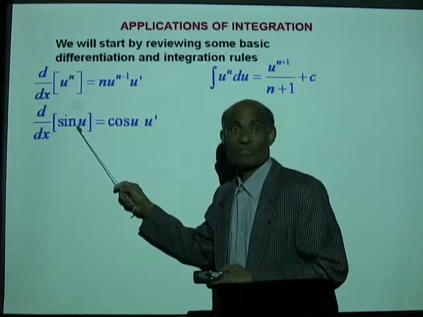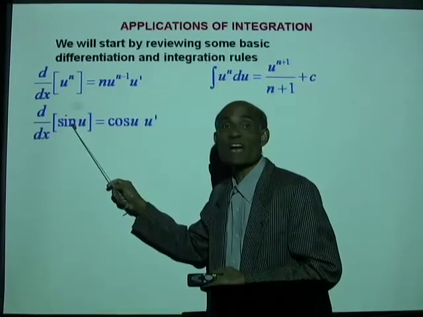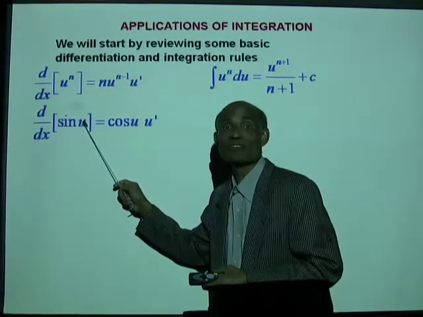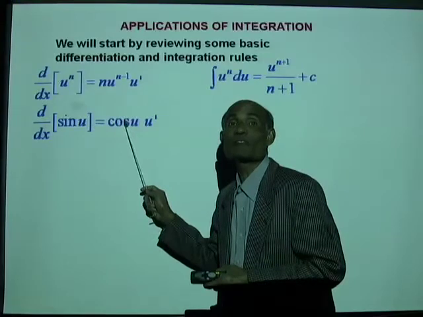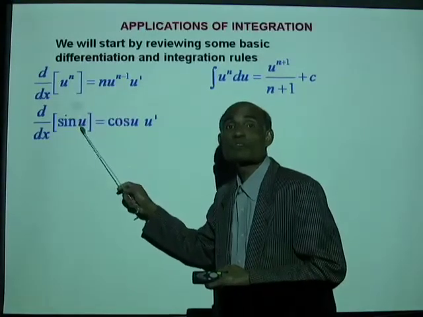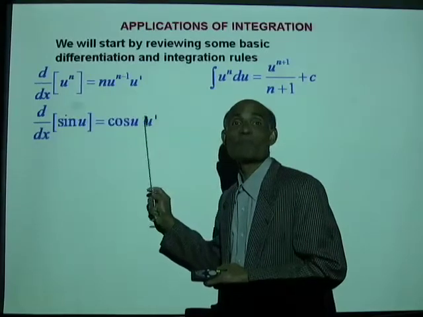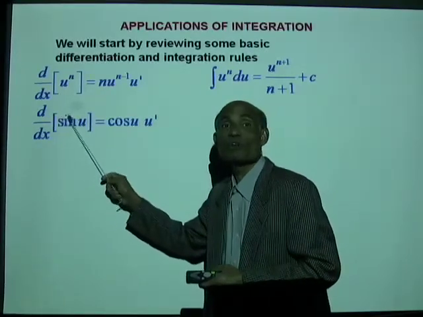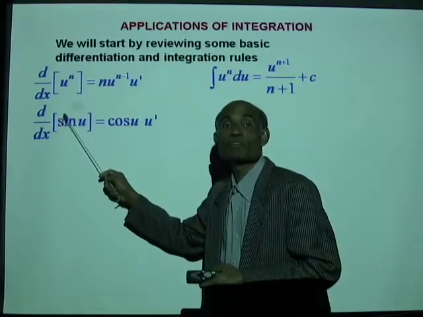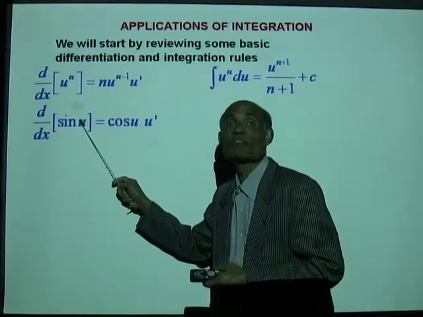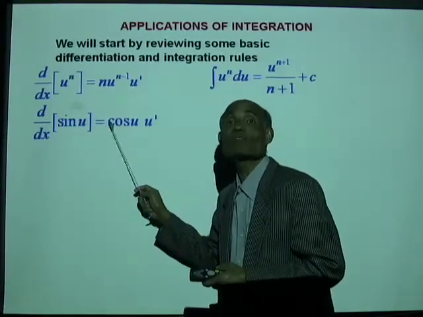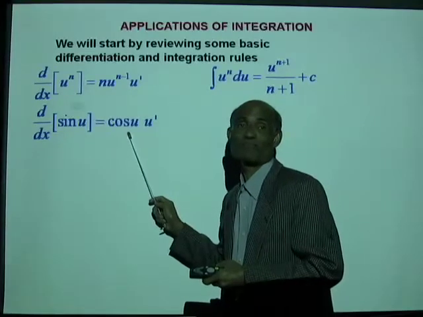For example, the derivative of sine of 5x is cos of 5x times the derivative of 5x with respect to x, which is 5. So, the derivative of sine 5x is 5 cos 5x.